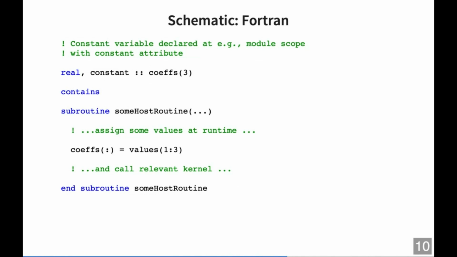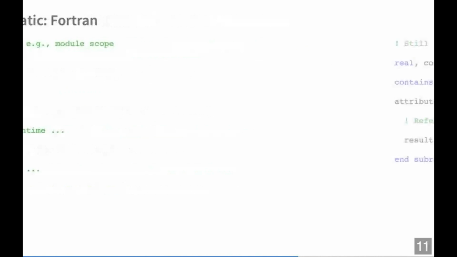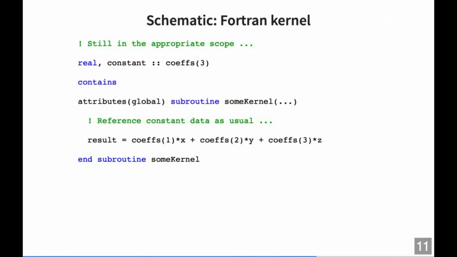And again, because the compiler now knows that that has been declared to be constant memory, assigning values to it at runtime is just a Fortran assignment. Again, that's just the analog of the kernel which accesses those coefficients.